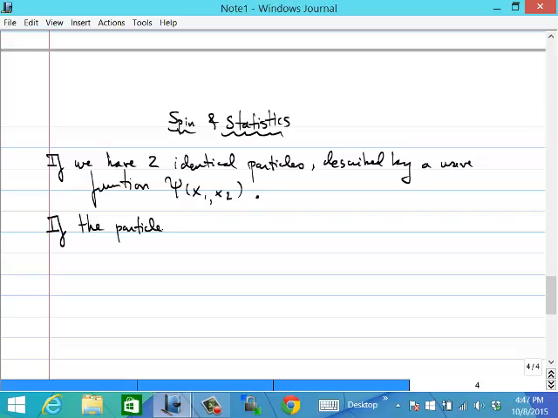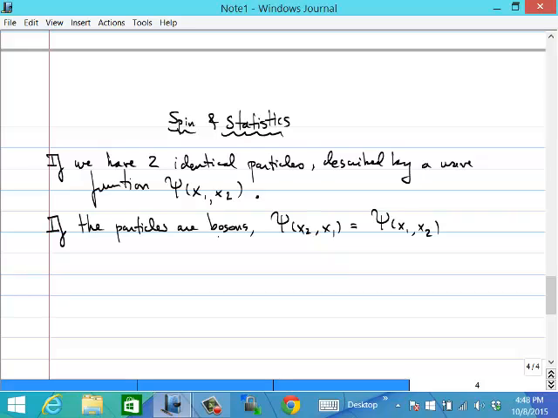So the defining feature of bosons is that when you interchange the two particles, you get the wave function back again. Indeed, if I were talking about not a wave function, but some sort of classical probability distribution, so psi was the probability of finding a particle at x1 and another particle at x2, then the statement that they're identical particles is precisely the statement that psi of x1, x2 is equal to psi of x2, x1.